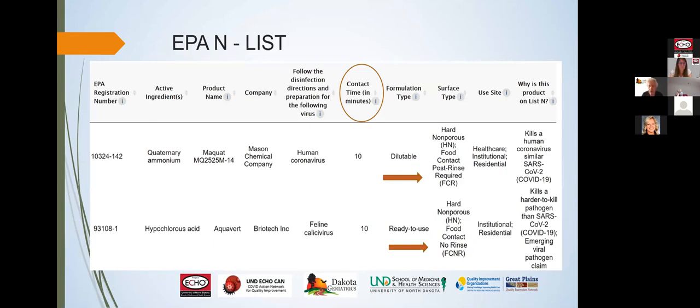And also knowing the surface type. Here you can see the example of the EPA N list, where rinsing is required after the use of quaternary ammonium, whereas there's no rinse when you use hypochlorous acid. So those are two different things. One has a rinse and the other one does not. So again, just understanding that from both the label from the manufacturer, as well as cross-checking that with the EPA N list. Next slide, please.